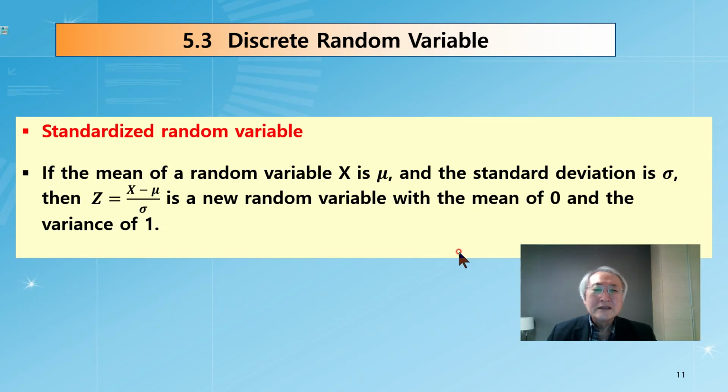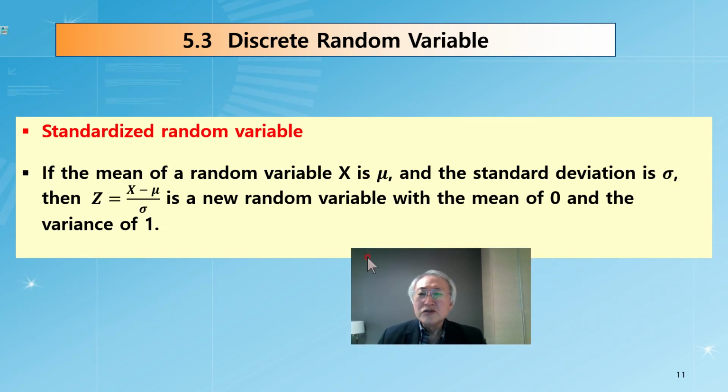Here's one great application. You will use these things a lot. Suppose you have a random variable x, whose expectation is mu and standard deviation is sigma. What would this random variable be? From x minus mu, if you subtract mu, what would happen? Then the mean becomes 0, right?